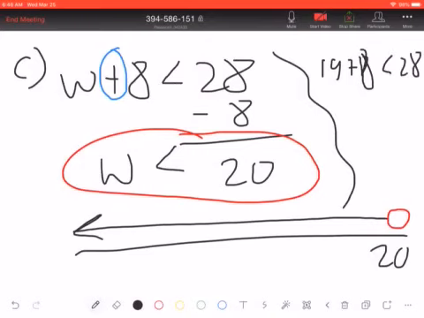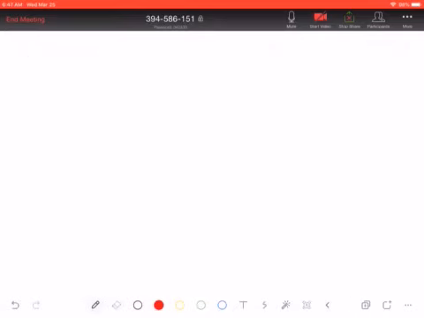Well, 19 plus 8 is 27, right? So 27 is indeed less than 28. So that would work as a solution, right? 19 would be right here on my number line. So it works. It's something that makes that inequality make sense. And we'll practice more of that when you come into the Zoom.